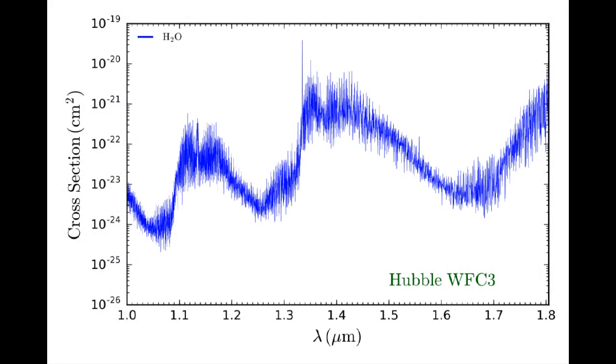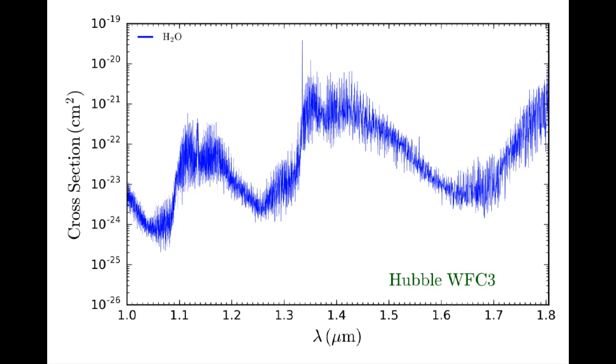The key quantity we need to consider to understand how molecules absorb light is something called the cross-section. This tells you basically the effective size of a molecule as a function of wavelength. So what is happening here is I'm illustrating this cross-section for the case of water in vapour form. And notice how there are a number of peaks.